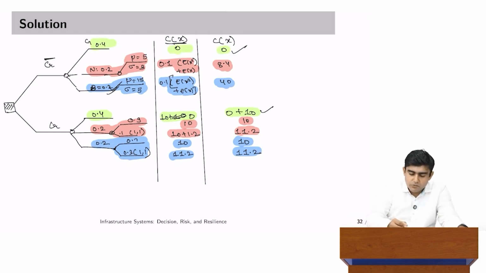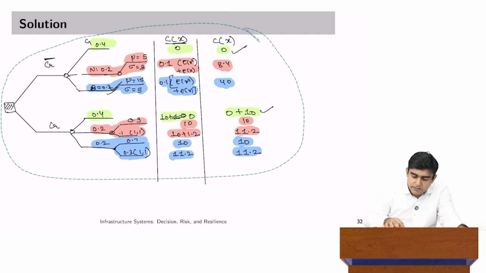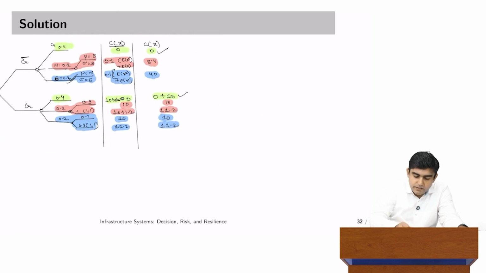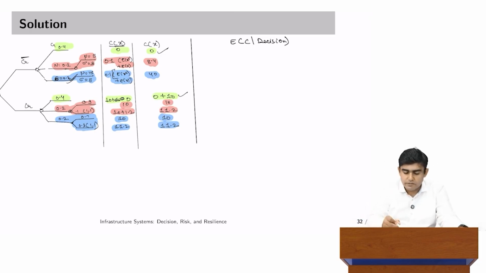Now, if this is given to us, we can reduce its size a bit and continue with our calculations using the same numbers. Now, I have to calculate what is the expected cost associated with the decision, given a certain decision has been taken and there are two possibilities of this particular decision.